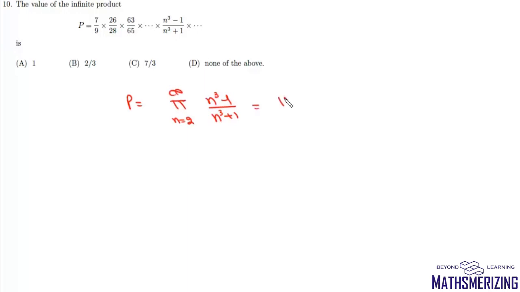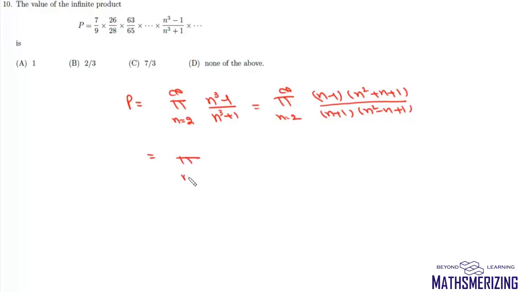Now we can write this as this product, and this is a cube minus b cube, (a minus b)(a square plus ab plus b square), and here it will be (n minus 1)(n square plus n plus 1) upon (n plus 1)(n square minus n plus 1). So what we'll do is we'll split this product in two parts.